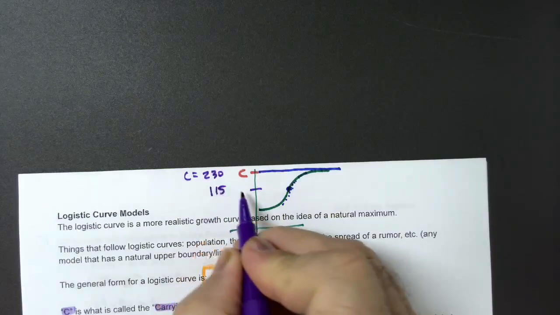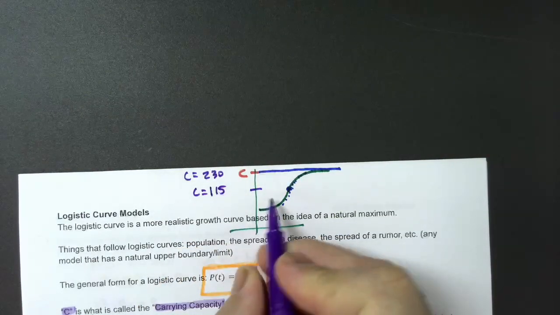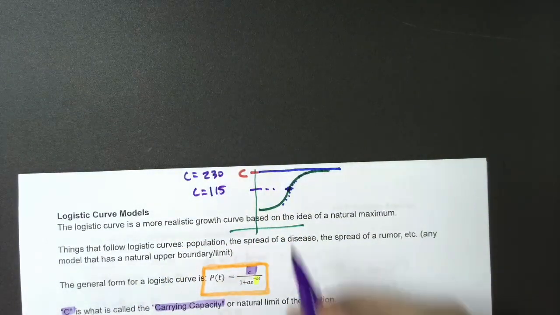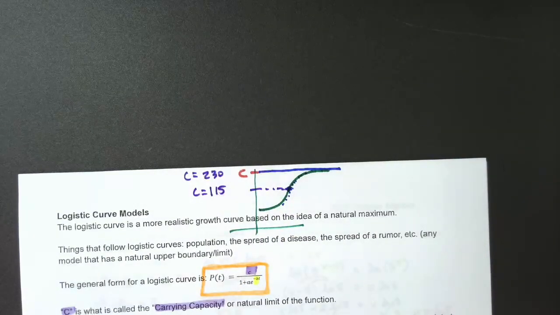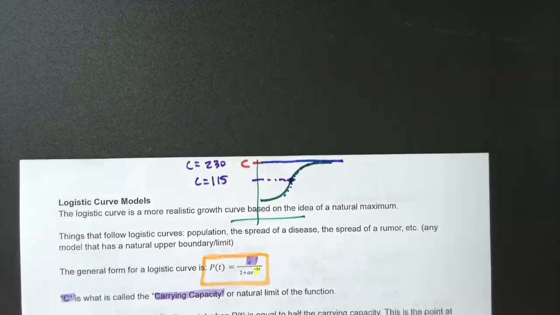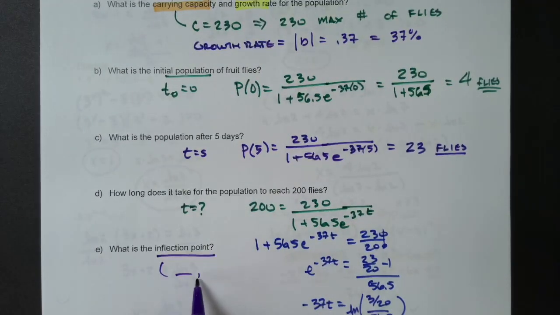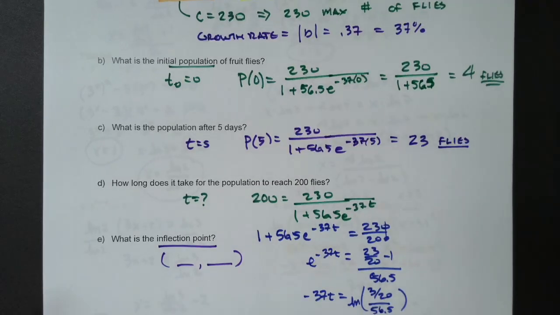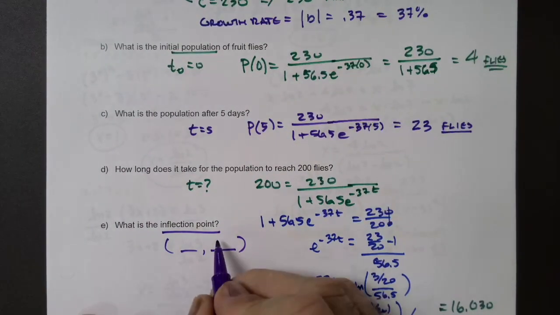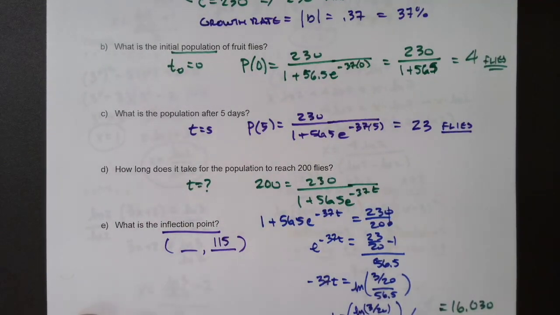In other words, when C equals 115 is when that will occur. That at least is the number of fruit flies, but it's asking for the inflection point. So we need both an X and a Y. We know that this value is going to be 115 flies. We need to work backwards to find that time in days of when that would occur.